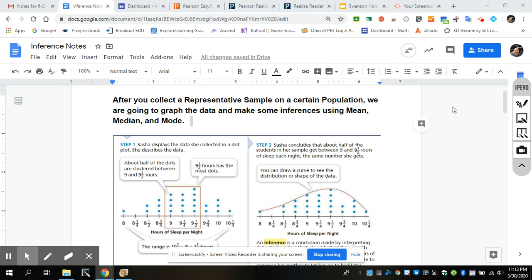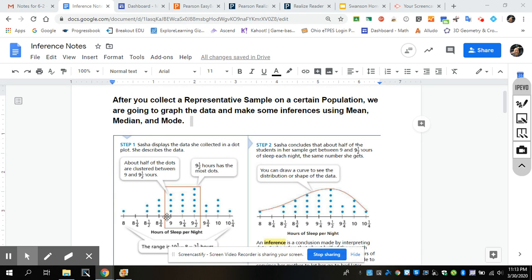Hello, everybody. We are looking at topic 6.2 today, making inferences about some data. We talked about collecting sample data in topic 6.1, and we are going to take that sample data and graph it, because it's impossible to take data from an entire population and graph it.